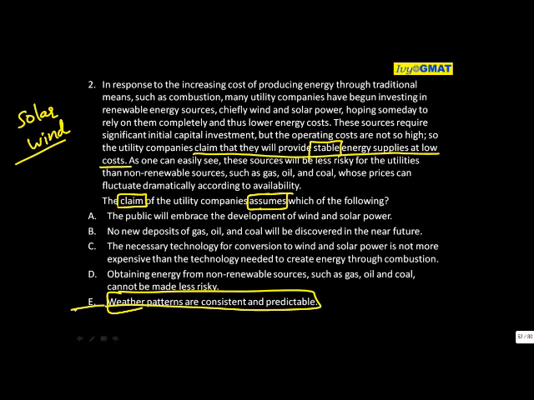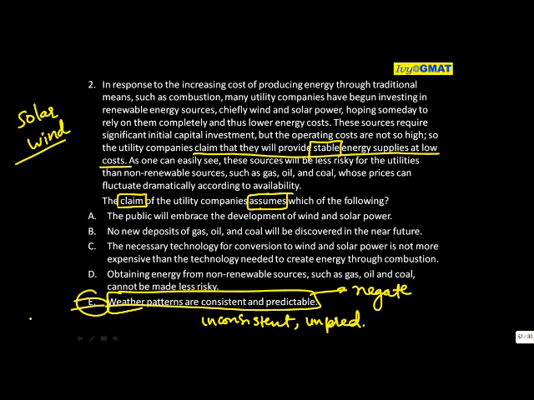You can plan. Imagine I negate this thing, what will happen? This is how assumption questions are solved. We will talk about it later, called the assumption negation technique. Weather patterns are inconsistent and unpredictable. What will happen if they are inconsistent and unpredictable? Will I be able to promise stable supply or not? So clearly this is my assumption.